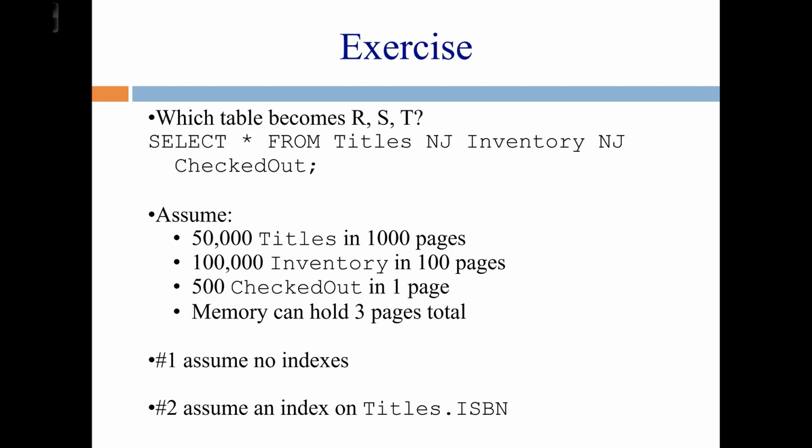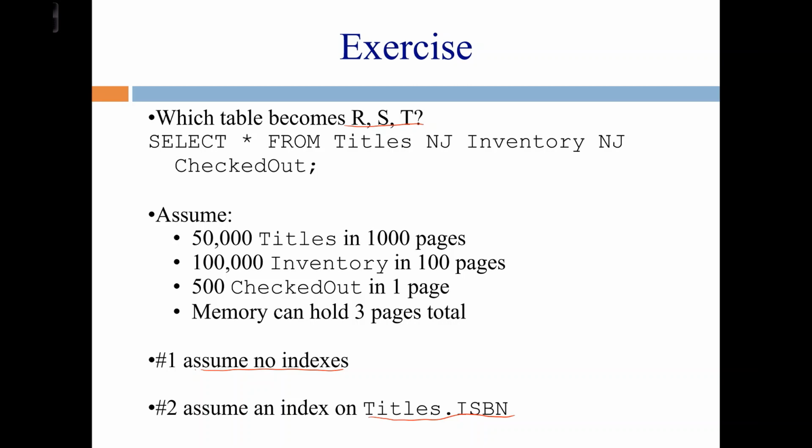First question is, which tables would become R, S, and T if there are no indexes at all? And then which ones would become R, S, and T if there's an index on just titles.isbn? So think about that for a minute, and you should actually work this out and pause the video and then come back and we'll discuss it.